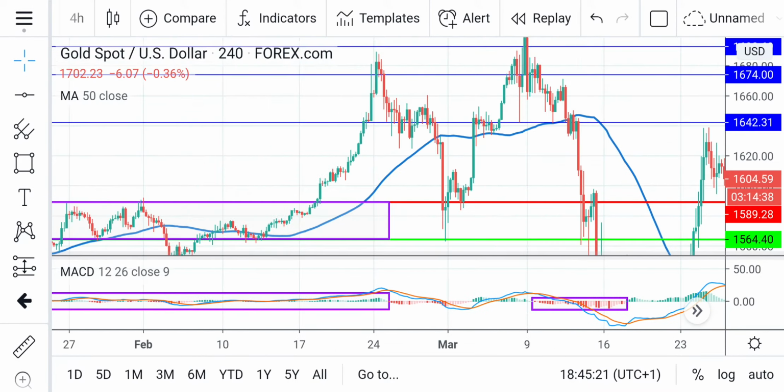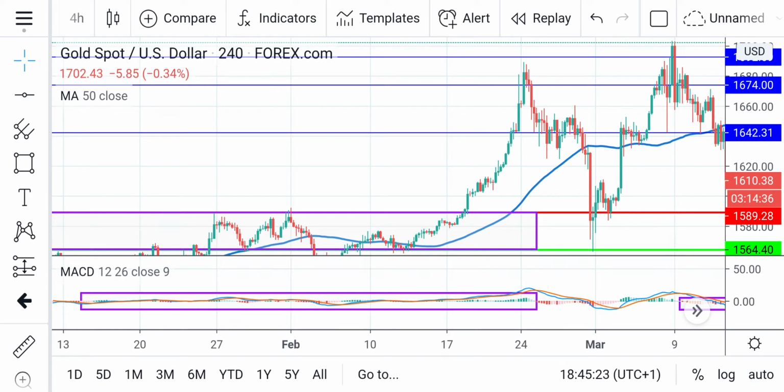You can see it over here that once the price broke up, you have a low volatility over here. Then price broke out over here. You can see it went up. So that's it. You have a low volatility over here.